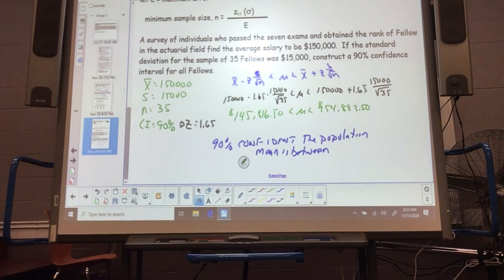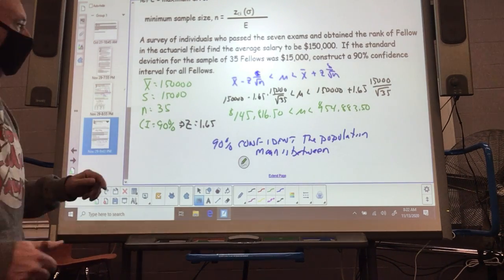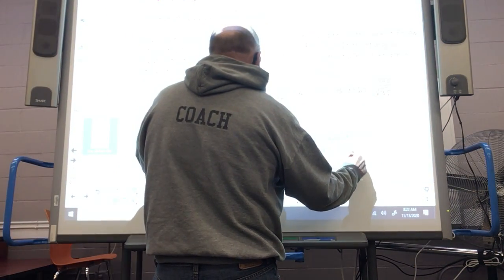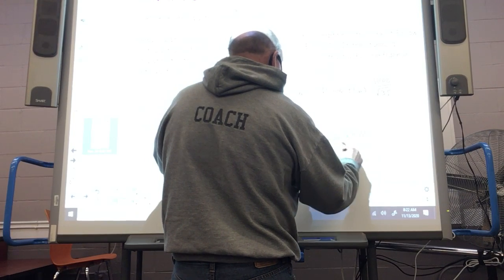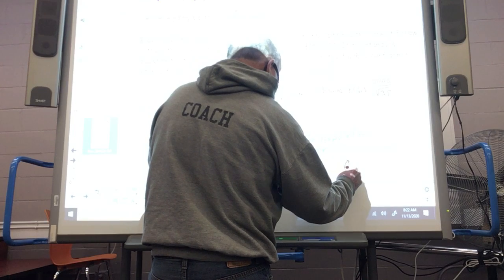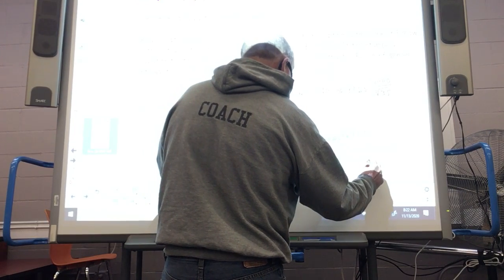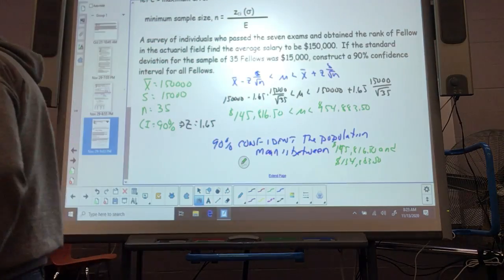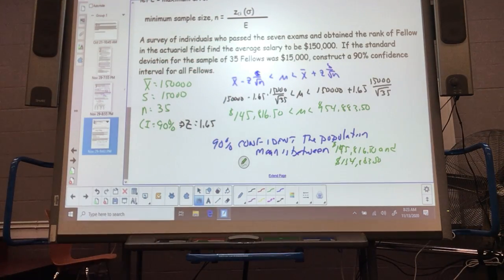If you're off by a penny, don't worry about it. And then we have to write a statement at the very end. We are 90% confident the population mean is between 145,816.5 and 154,883 and 50 cents. I don't think 50 cents really matters when you're dealing with $154,000 a year.